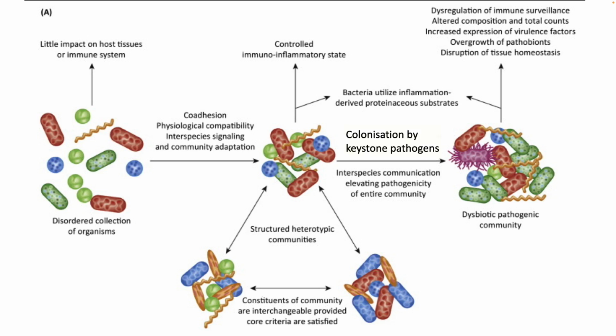And then when they start to be colonized by some keystone pathogens, that's when the bacteria can overgrow the pathobionts, which cause disease. They overgrow, they disrupt tissue homeostasis, and then we have dysregulation of the protective immune system, and we have overgrowth.